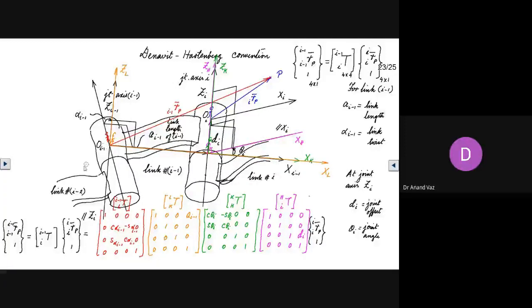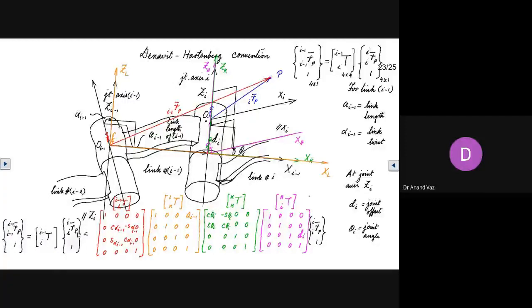If we work out this transformation, which is the product of these four matrices in this order, then we will get a single transformation matrix T from I to I minus 1. It's a square matrix, 4 by 4, so this T matrix is naturally a square matrix.